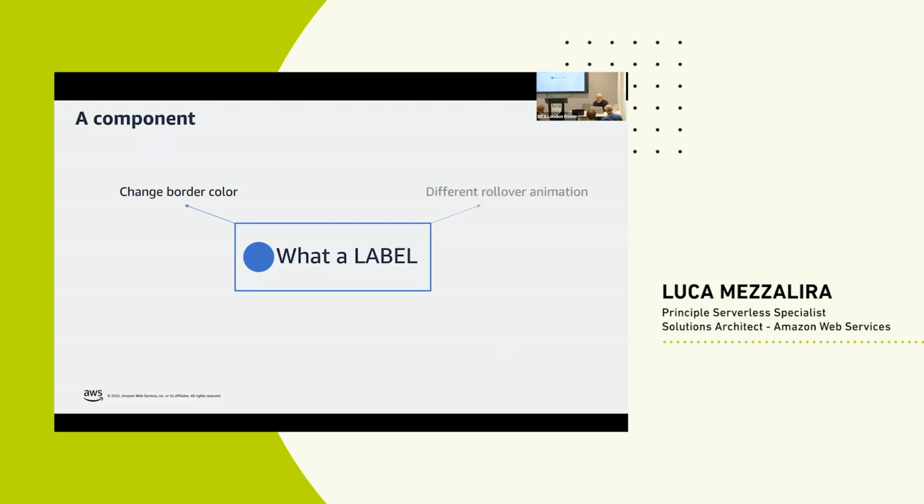Then you can change the border color, or add a different rollover animation. If you start to have localization, you can also have auto size dimension, because we know that in German, the word is usually 20% larger than the English or Italian one. And finally, you want to use it for forms, so you have the possibility to disable the button, enable the button, and so on.